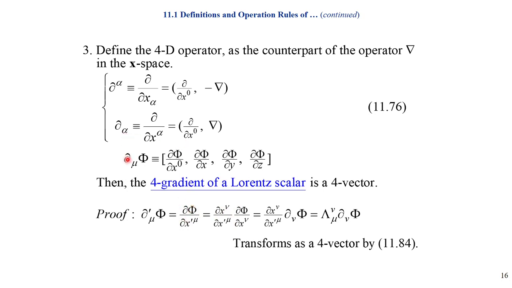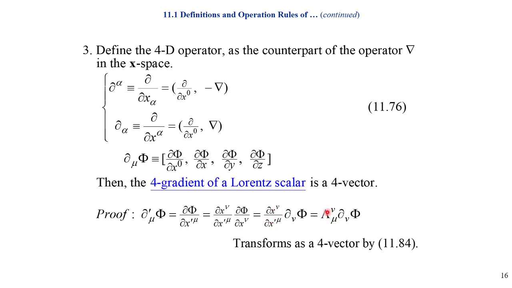Partial phi, just write it down. Partial x prime mu, and the prime system is transformed in this way. Partial x mu, partial x prime mu. Okay? So this can be written as a Lorentz transformation.